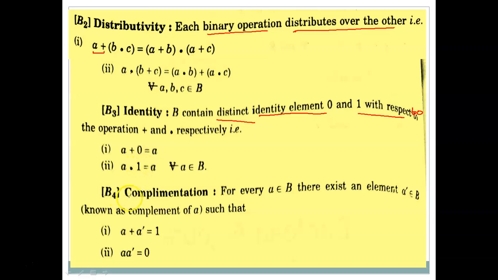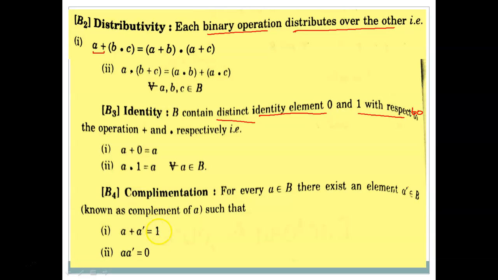The fourth property is complementation or complement law. What is that? For every A belonging to B, there exists an element A complement, A dash, known as complement of A, such that A plus A complement will be equal to 1. I again repeat, this 1 is not the number 1 but the identity element with respect to this operation.